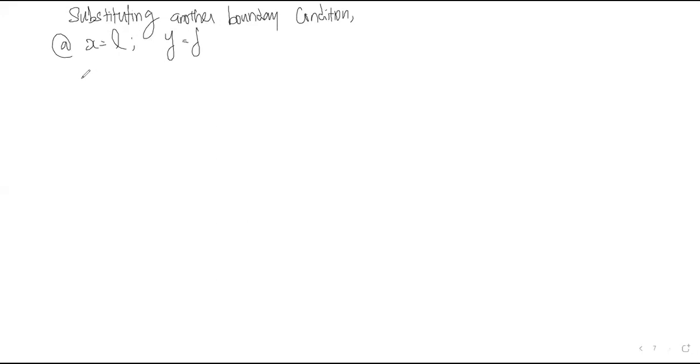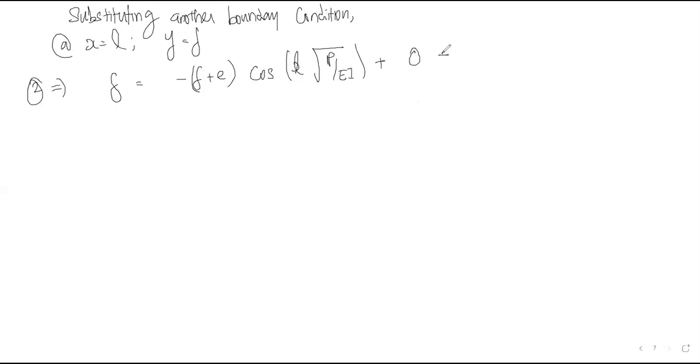So equation 2 becomes delta is equal to C1, whose value we have to substitute. C1 is minus (delta plus e) into cos, and instead of x we substitute L root P by EI. The C2 value is 0, so the entire term becomes 0, plus delta plus e is available.